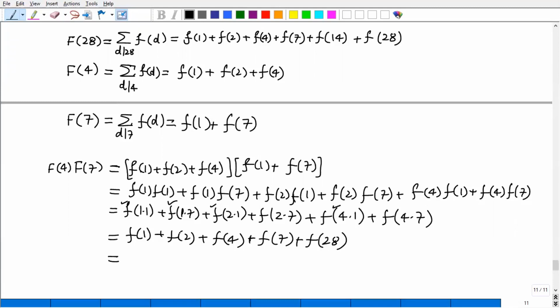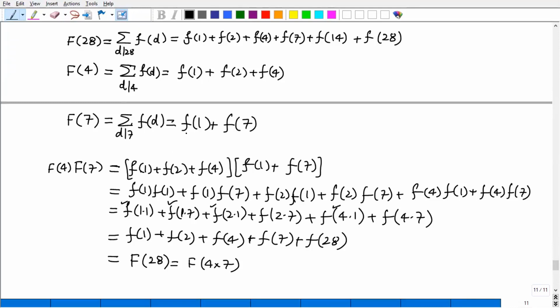Now, this is the same as F of 28. F of 28 means F of 4 times 7. So F of 4 times F of 7 is the same as F of 4 times 7. So it means F is multiplicative. This is only an example.